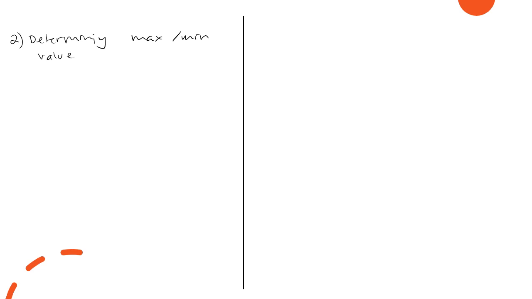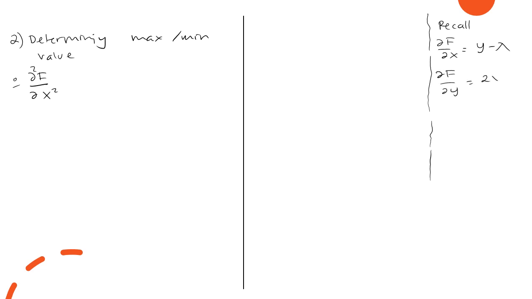Okay, now we will define the second derivatives. I recall from the second last slide that I have here dou f dou x equal to y minus lambda, and then dou f dou y is x minus lambda.